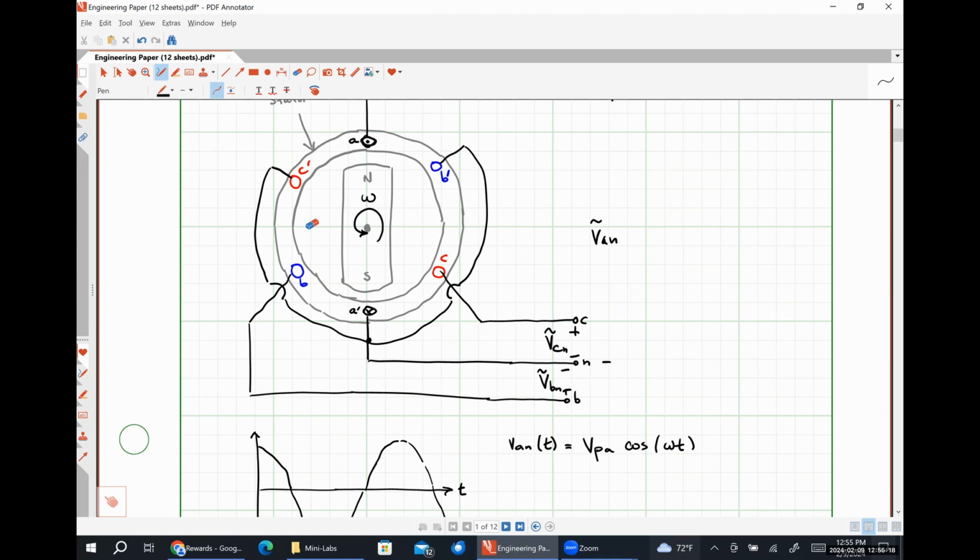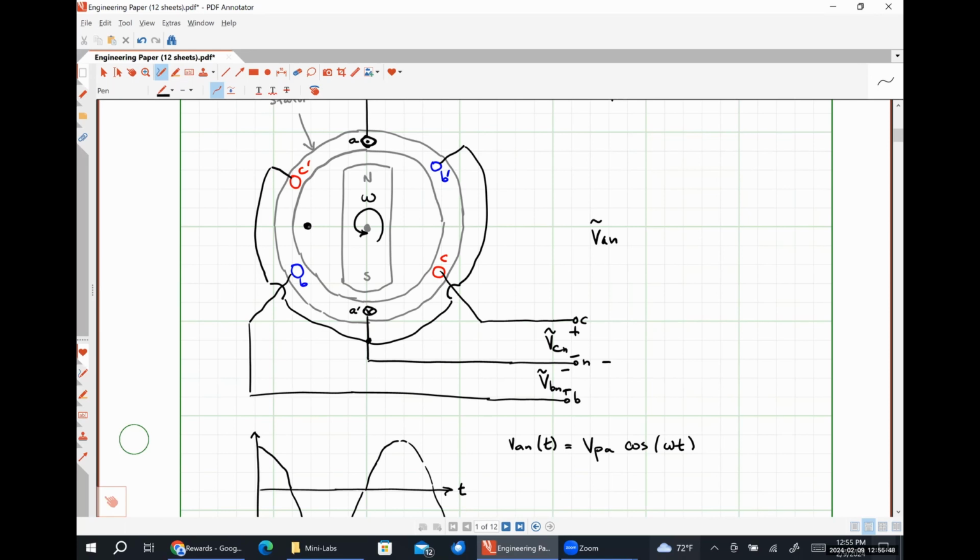So the field that each coil sees is going to be at its maximum when the poles of the magnet are perpendicular to the surface bounded by the coil effectively, okay? So that's what I was saying, like when the north pole of the magnet is pointed over here, the A phase is going to see the most magnetic flux.